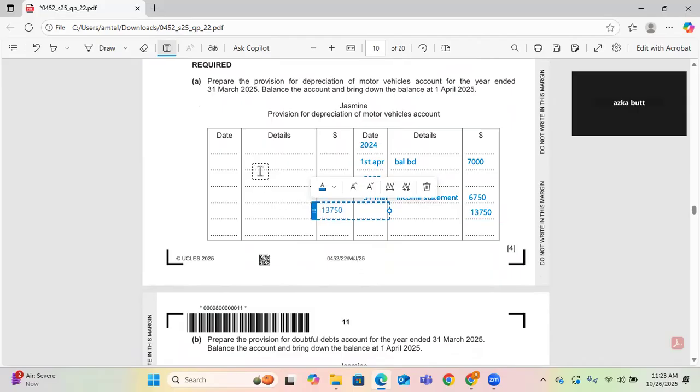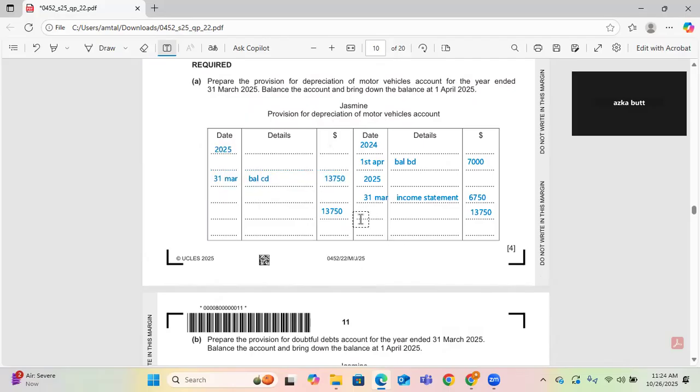So the closing balance on 31st March 2025 will be the same, 13,750, and that will become the opening balance in the next year.